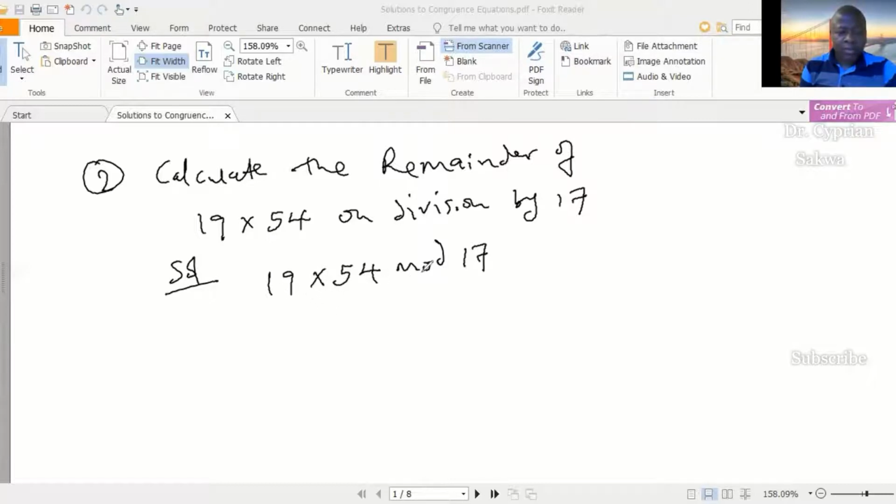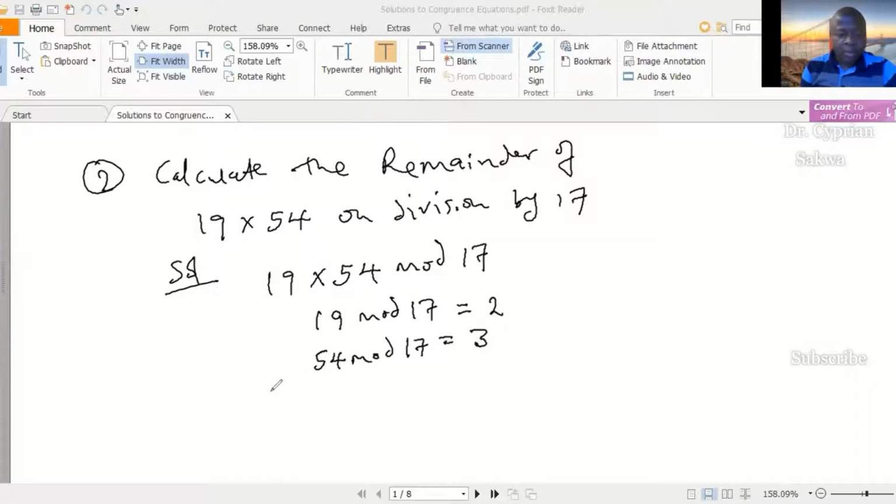To simplify, I'll ask myself, first of all, if 19 was to be divided by 17, what would be the remainder? I find the remainder would be 2. What about if 54 was to be divided by 17? Just divide 17 into 54, and you find that the remainder will be 3.